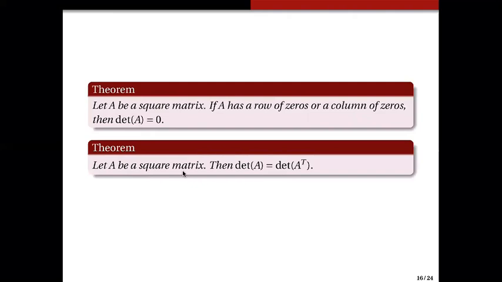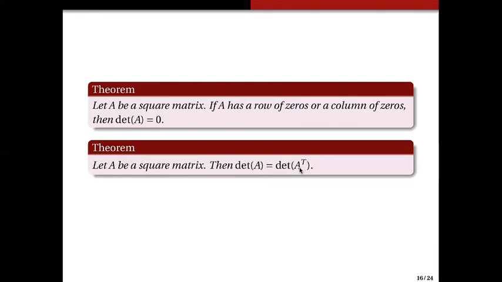Now, let A be a square matrix. Then the determinant of A equals the determinant of A transpose. And again, this is quite trivial because, for example, if you have the matrix A, you find the determinant of matrix A along the ith row. Now, get the A transpose.